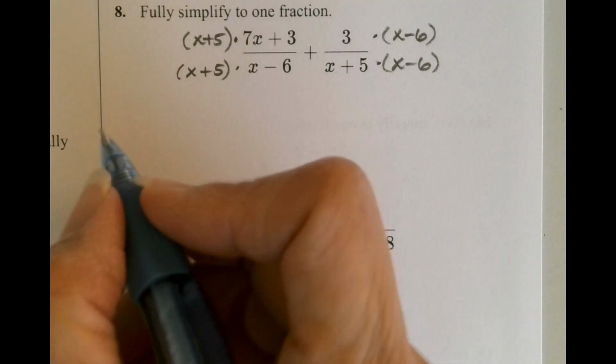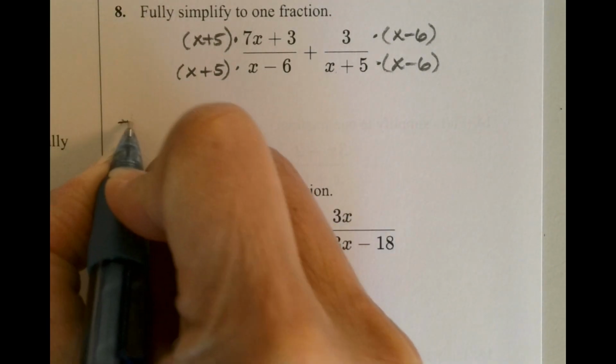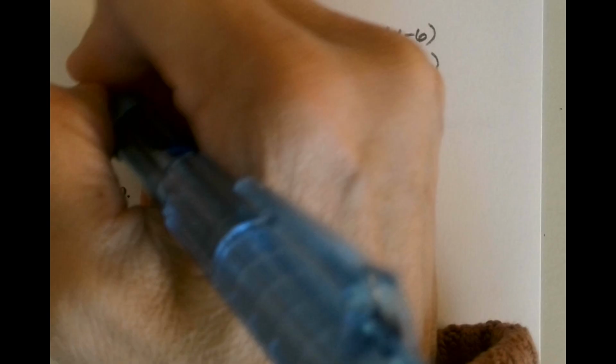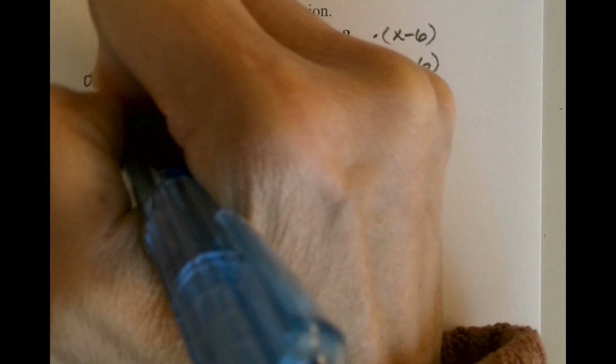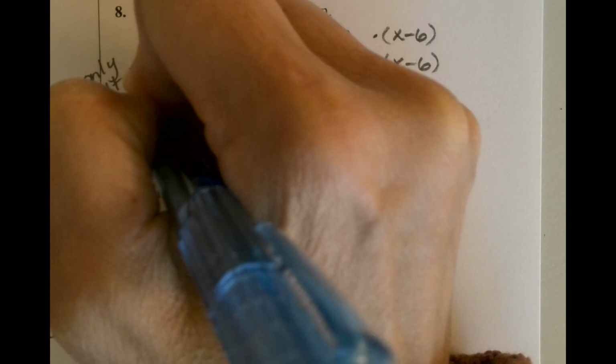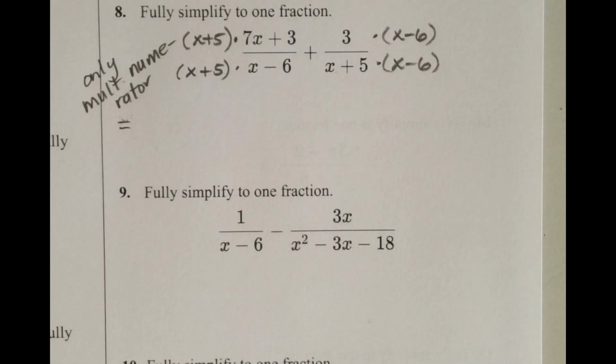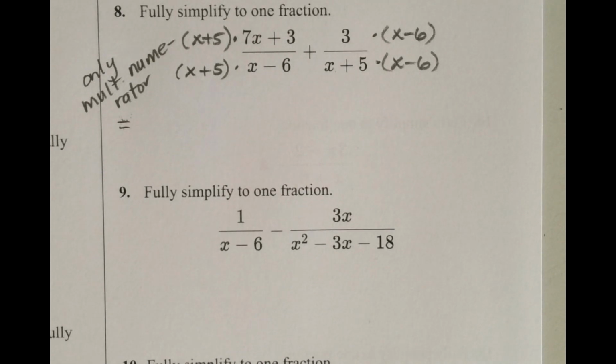Now what I want you to do, and you'll make a note here, is only multiply out the numerator. Do not multiply the denominator. And you'll see why eventually. I don't know if this particular problem is the first time I'm working it out with you, but you'll see eventually what I mean by that.